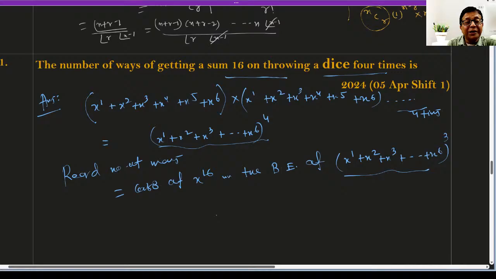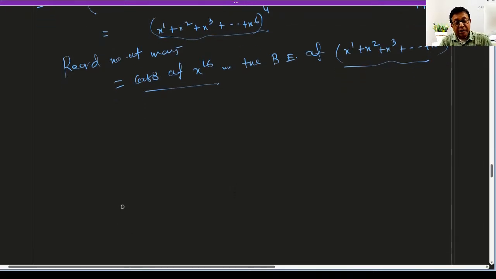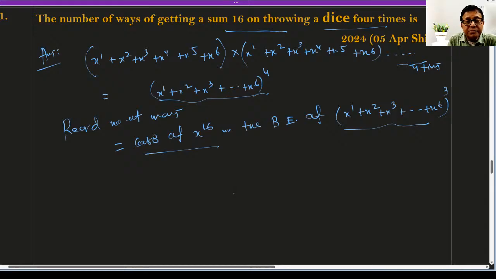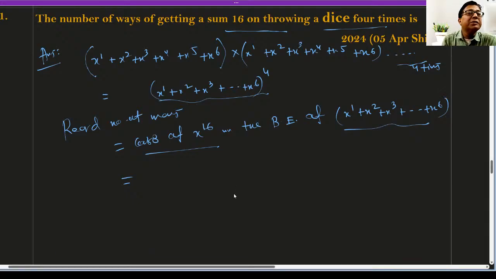So my aim is to find the coefficient of x to the power 16. So how to find it? This thing, (x to the power 1 plus x squared up to x to the power 6) whole to the power 4. This is 4, not 3. For all cases I am considering, if we are supposed to get a sum equal to 12, we will find the coefficient of x to the power 12.